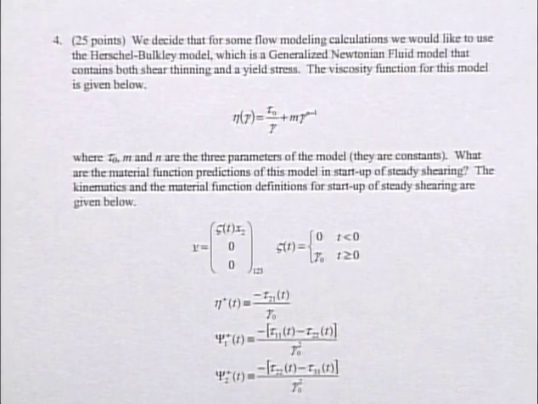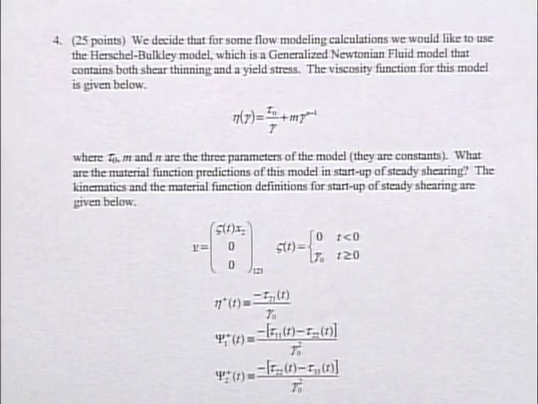They are constants. So parameters of the model can appear in any answer you would give because they are part of the model. You're predicting the model in terms of those parameters. What are the material function predictions of this model in startup of steady shearing? The kinematics and material function definitions for startup steady shearing are given below.